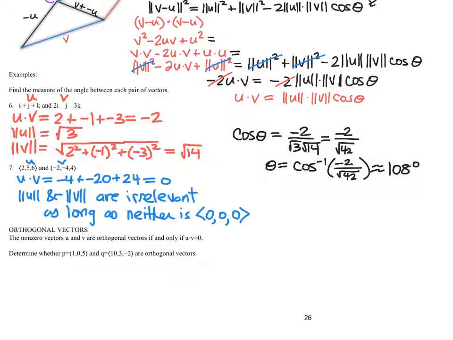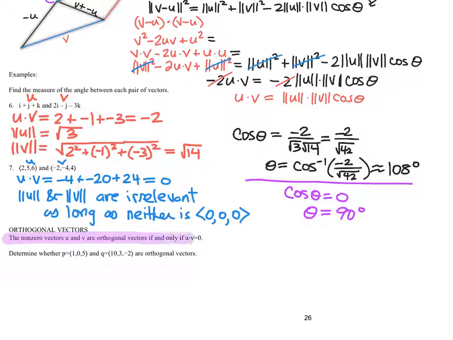So what we're getting here is cosine of theta, I'll do that in purple, actually, is equal to 0, which means theta has to be equal to what? 90 degrees, all right? So what we get is the definition of orthogonal vectors.